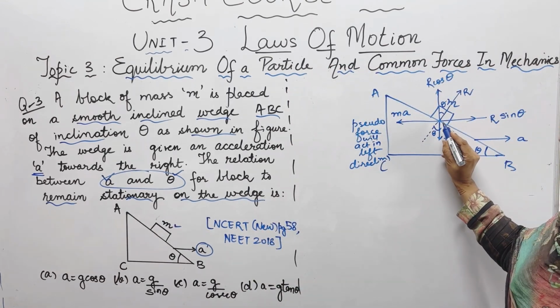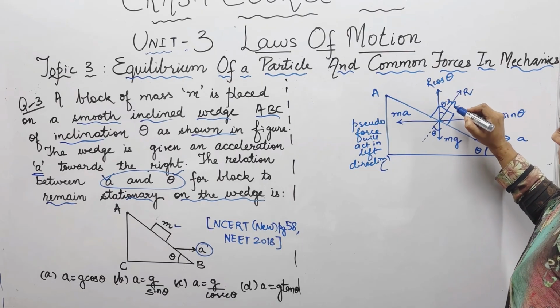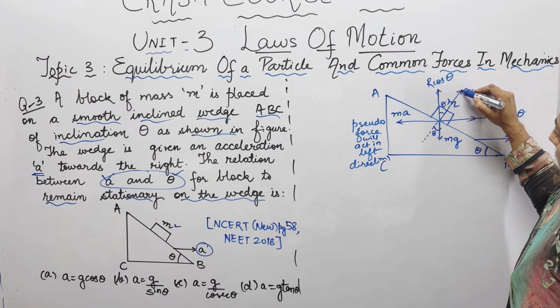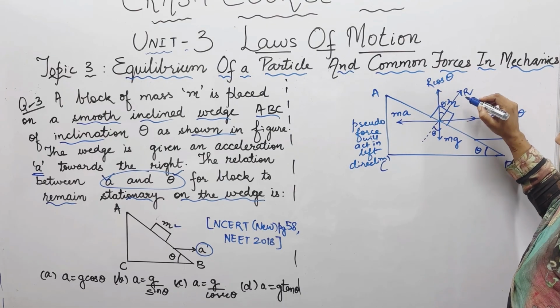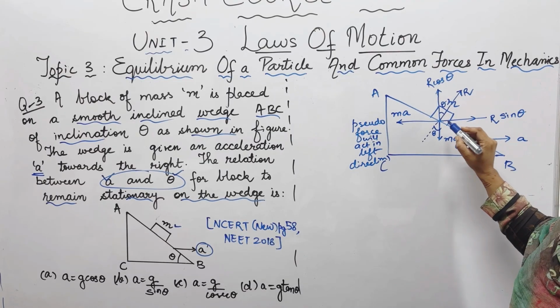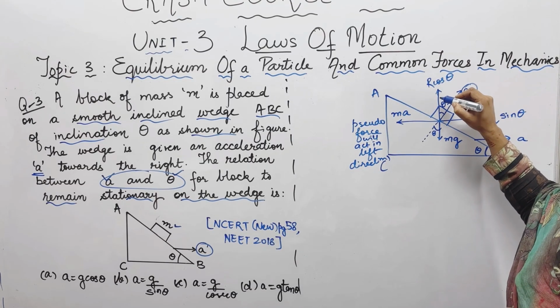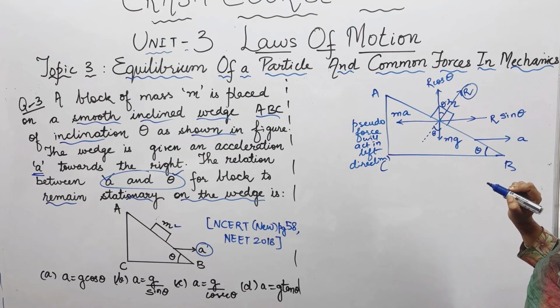The weight mg is acting in the downward direction on the mass m of this block, and it has the reaction perpendicular to the surface. Now this angle is theta, the angle of inclination, so this angle will again be theta. If we resolve this R, this component will be R cos theta and this will be R sin theta.